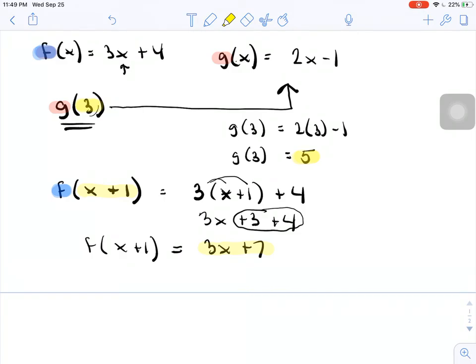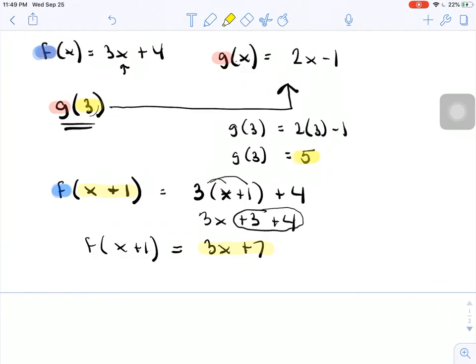Put in an expression, get out another expression. But that's a nice thing that you can do with function notation, is that you can basically feed anything you want into your function, and this gives us a way of communicating that. So it gives us a way of saying, put an x plus 1 into function f. So function notation gives us some very specific ways of showing that.